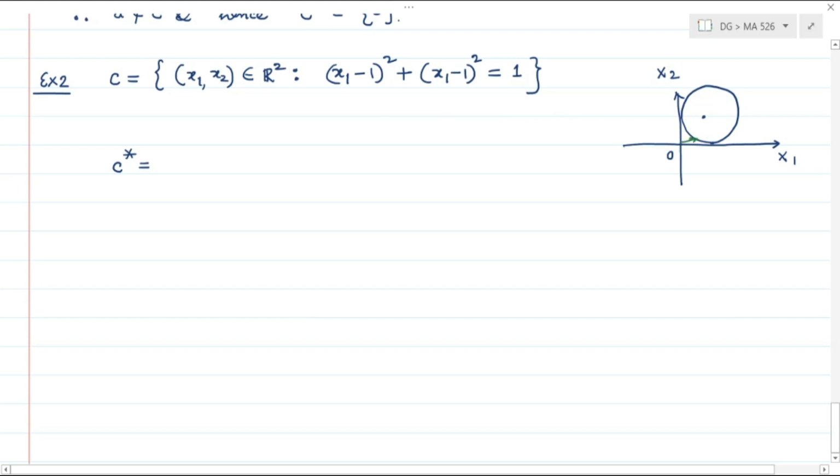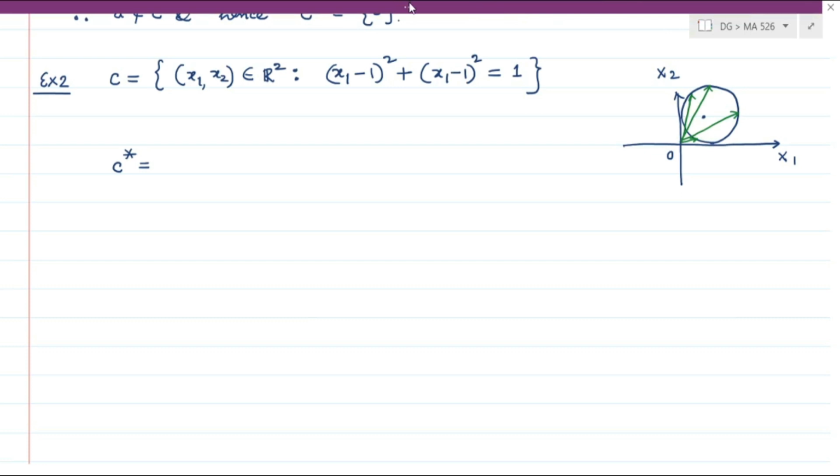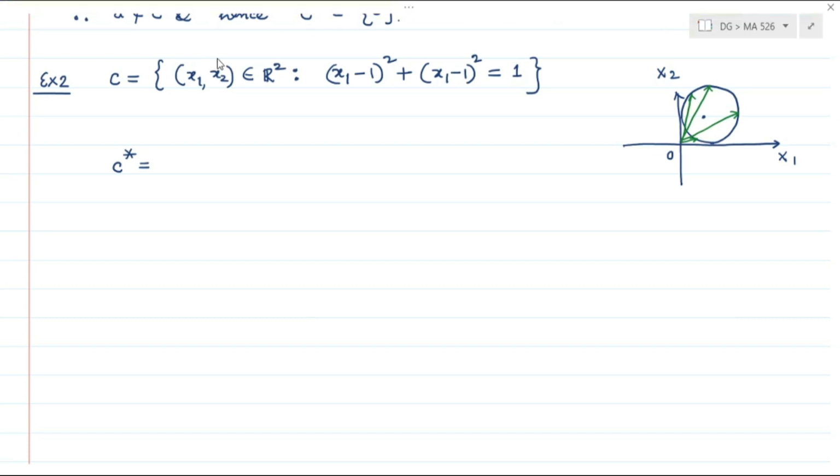This is one direction that is inside C, this is one direction that is inside C, and so on. Therefore, what are the extreme directions of the set C? The extreme directions are the positive x1 axis and the positive x2 axis. Those are the extreme directions for this set C.